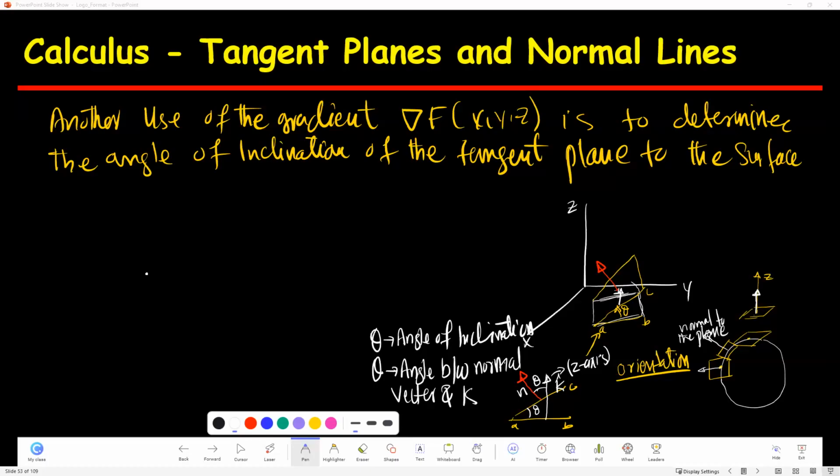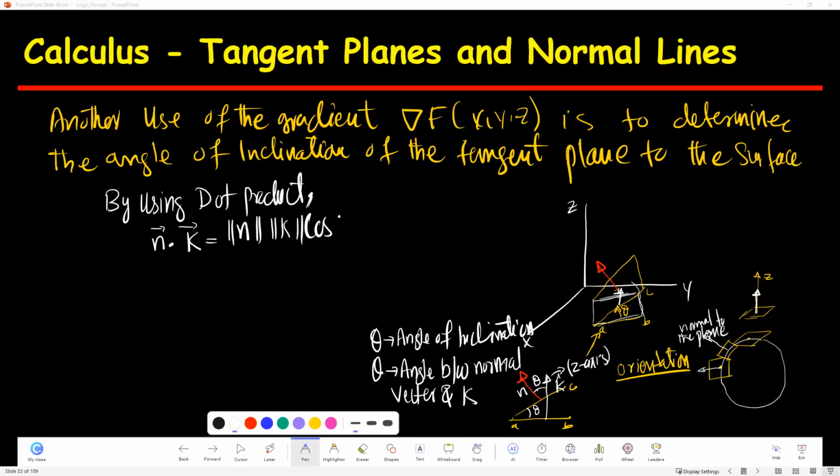So really what I'm going to do is use the dot product strategy, and I'm going to write here n dot k, because both are vectors. Applying the dot product, the dot product equals n magnitude times k magnitude times cos theta.